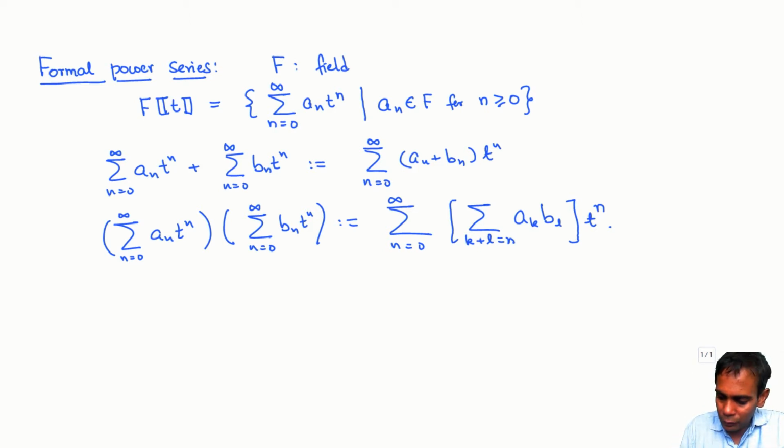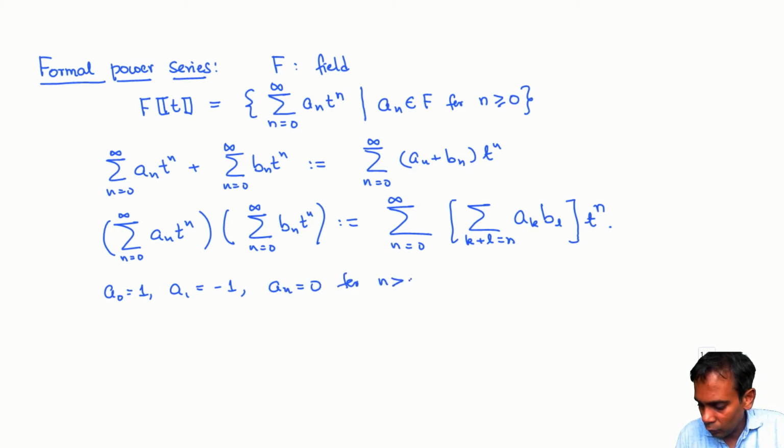So just to give you a couple of examples, if you take a0 equals 1, a1 equals minus 1, and a_n equals 0 for n greater than 1, then you get 1 minus t.